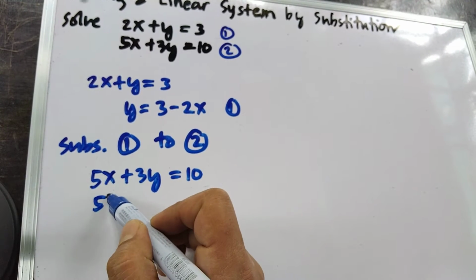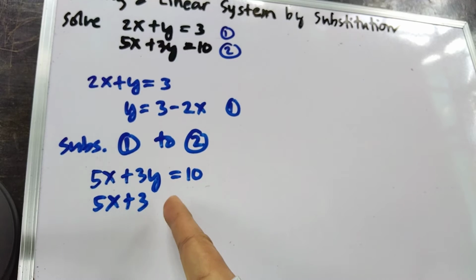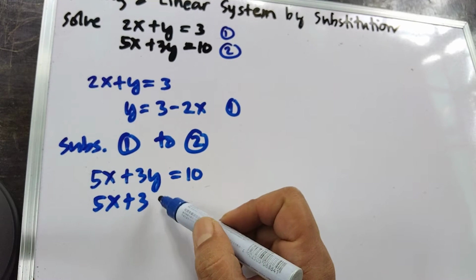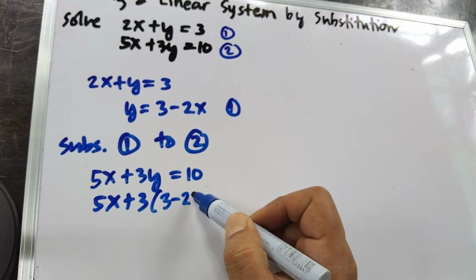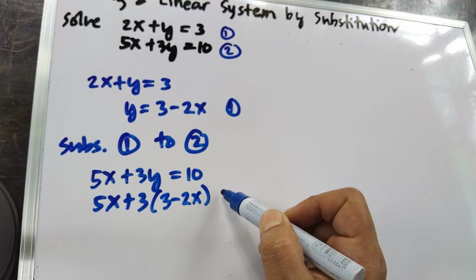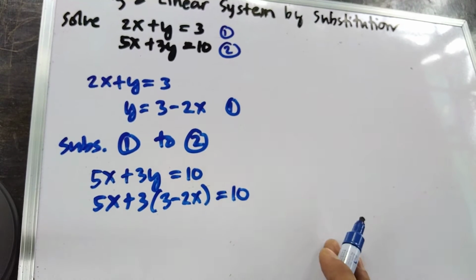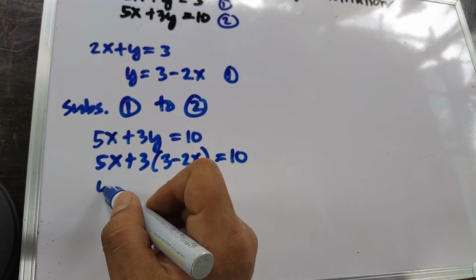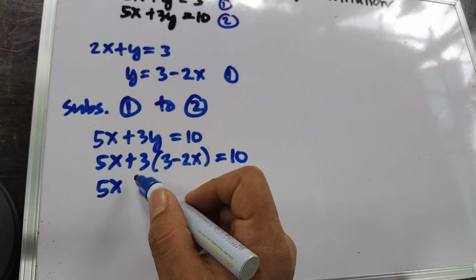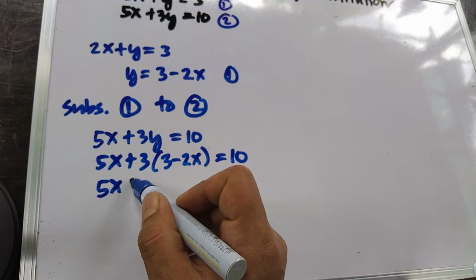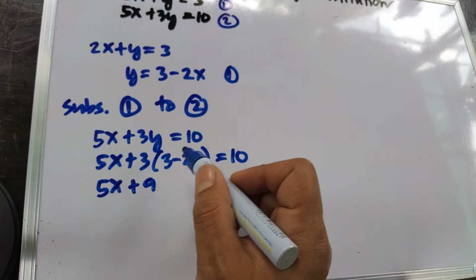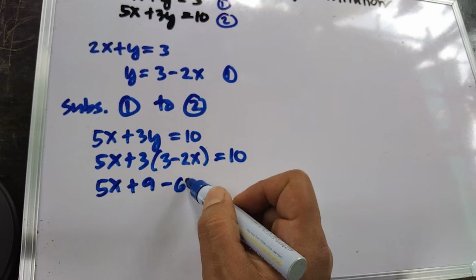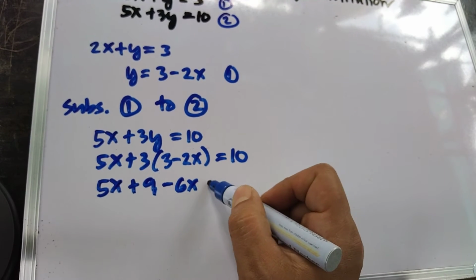So, 5x plus 3 times the value of our y, which is 3 minus 2x, is equal to 10. That's how we substitute. We copy 5x, then we distribute. 3 times 3, you have plus 9. Positive 3 times negative 2x, we have negative 6x is equal to 10.